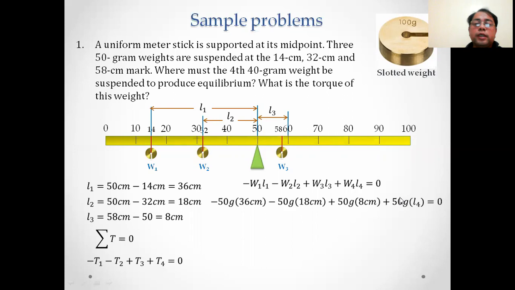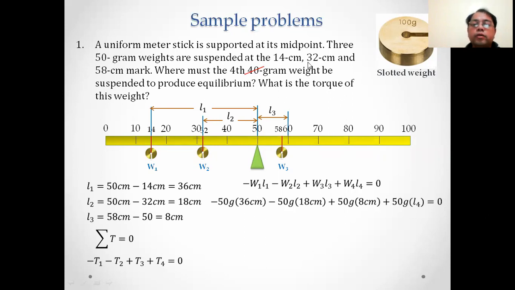What you notice here is that I think we made a mistake for weight 4. Weight 4 should not be 40 grams, because what we use in our equation is also 50 grams. Kindly change this value to 50, so that we will be consistent with our equation.